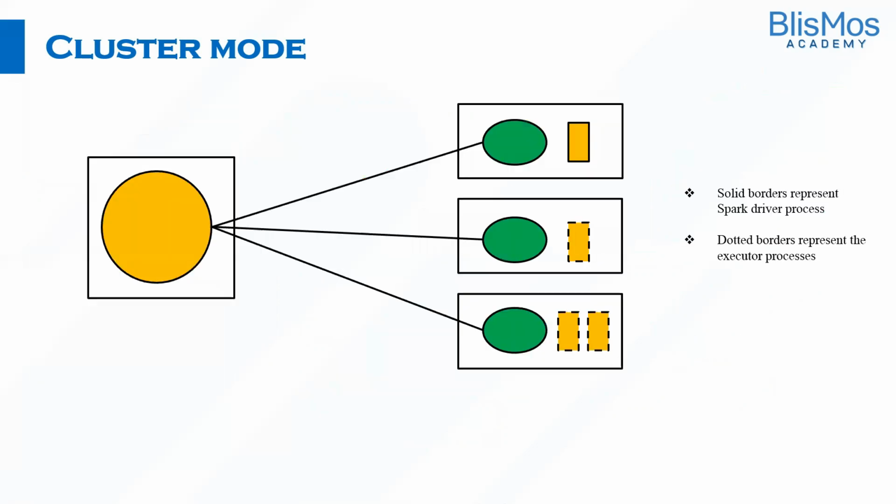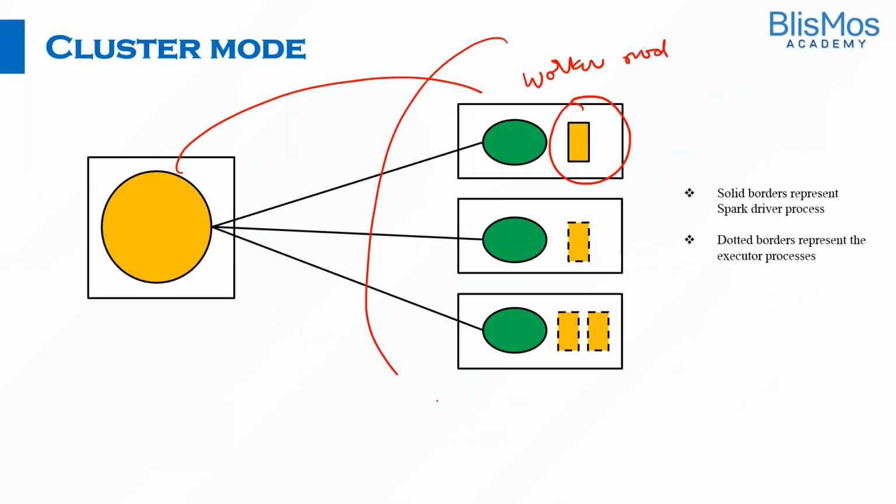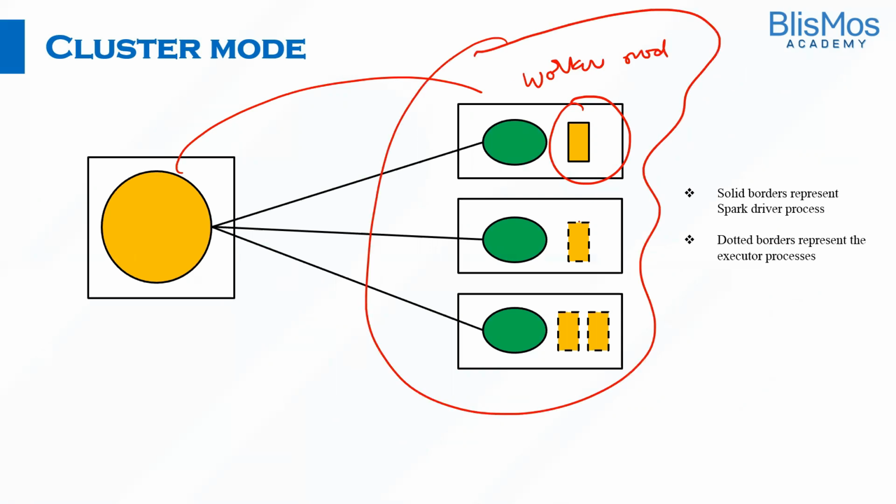Then what happens is, the cluster manager launches the Spark driver process on a worker node within the cluster. It also launches the executor processes within the cluster.